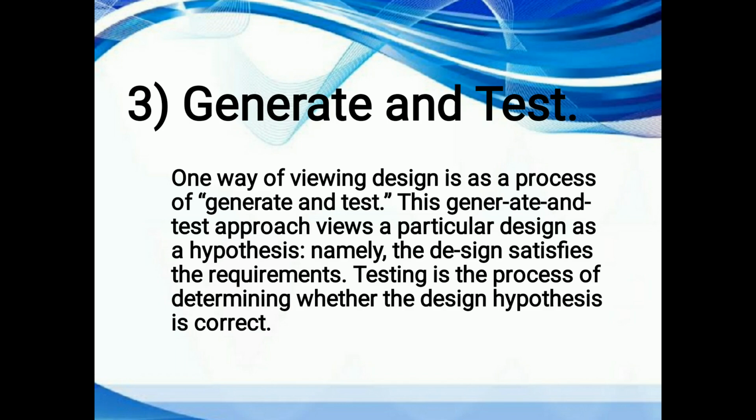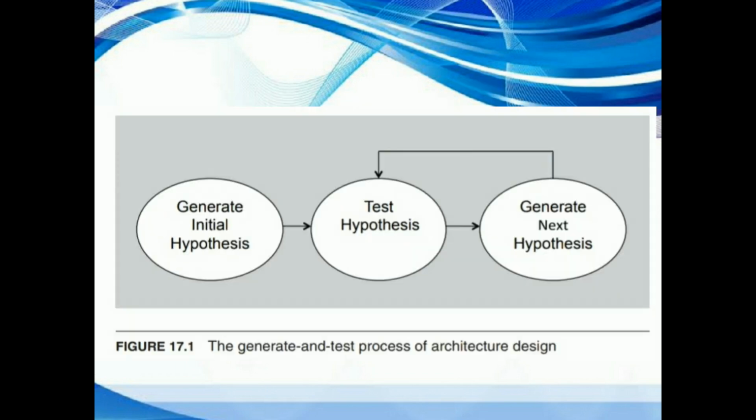We will see how generate and test works with this diagram. For this process to be effective, the generation of the next design hypothesis must build on the result of the tests. Things that are wrong with the current design hypothesis are fixed in the next design hypothesis, and things that are right are kept.